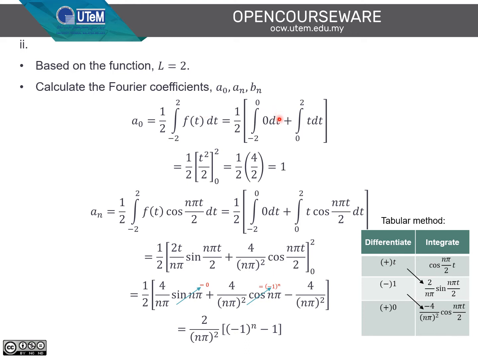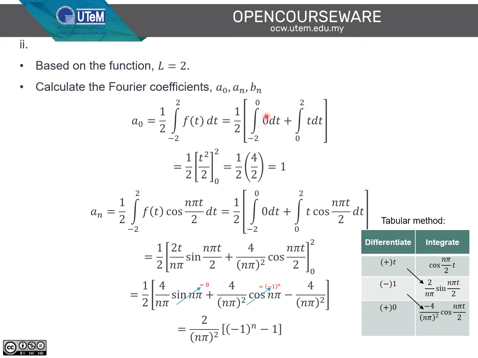The first integral is when the function f(t) equals 0 within the interval t from -2 to 0, while the second is the integration of the function f(t) equals t within the interval t equals 0 to t equals 2.